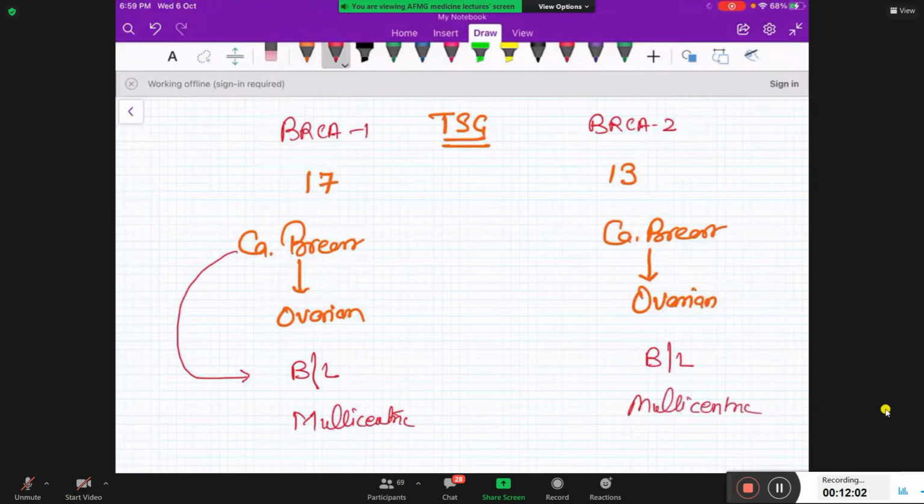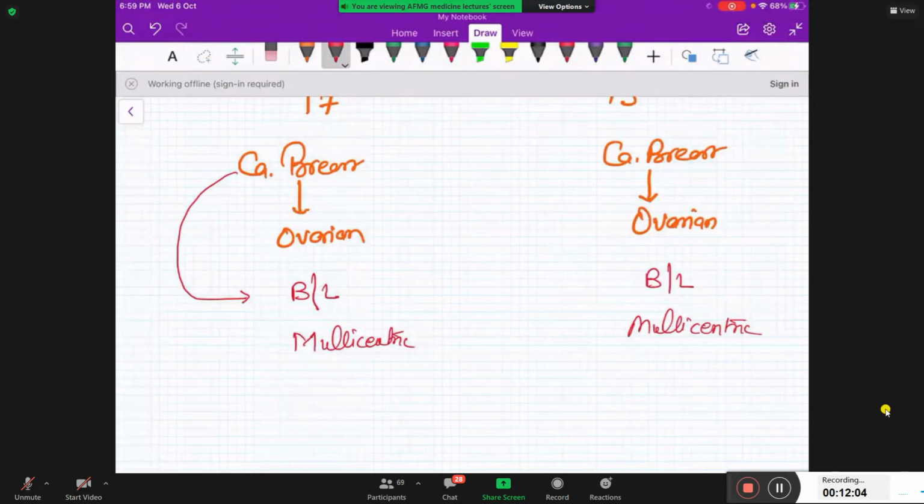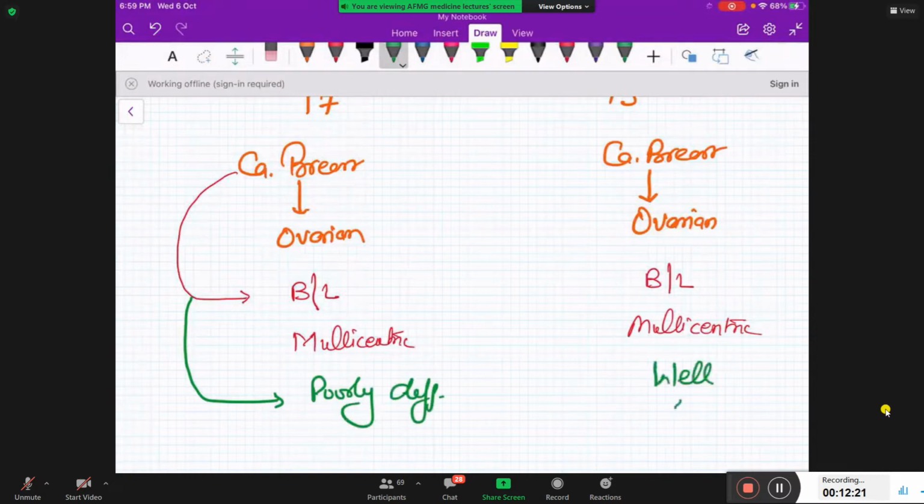And very important to notice, in BRCA1 gene mutation individuals, the carcinoma breast which develops is poorly differentiated. Here it is well differentiated.